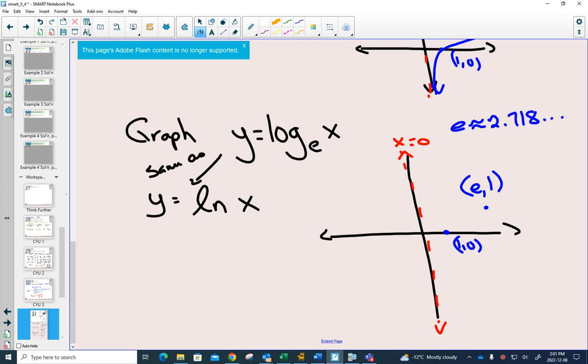You see on your calculator you have a log button and you have an ln button. ln is the same as log base e. It's called the natural logarithm. The n stands for natural. L is logarithm, Frenchy. That's why it's backwards. The natural logarithm.